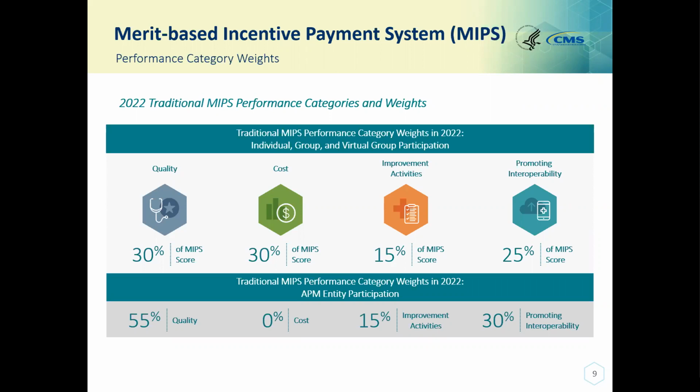And then MIPS improvement activities is set at 15%, and promoting interoperability is set at 25% for 2022. Then again here at the bottom, you'll see some different performance category weights if you are an APM entity participant: 55% for quality, 0% for cost, 15% for improvement activities, and 30% for promoting interoperability.